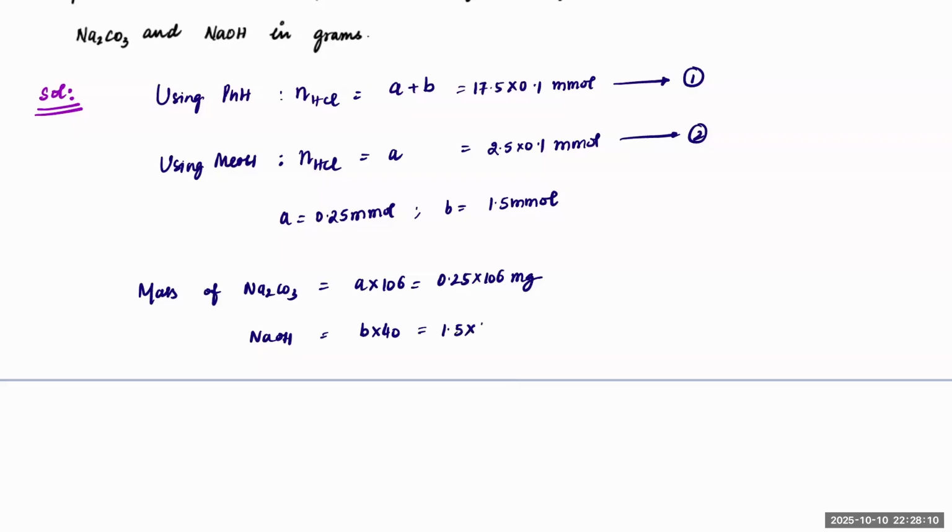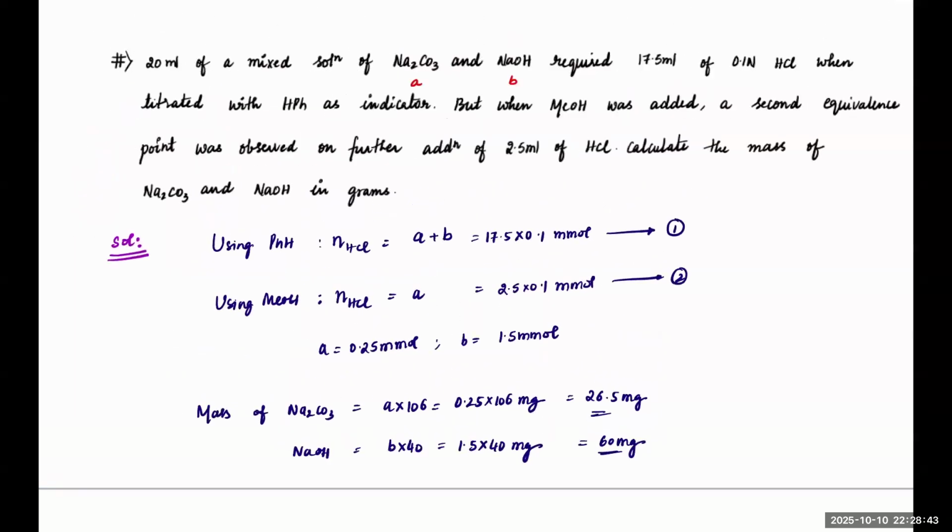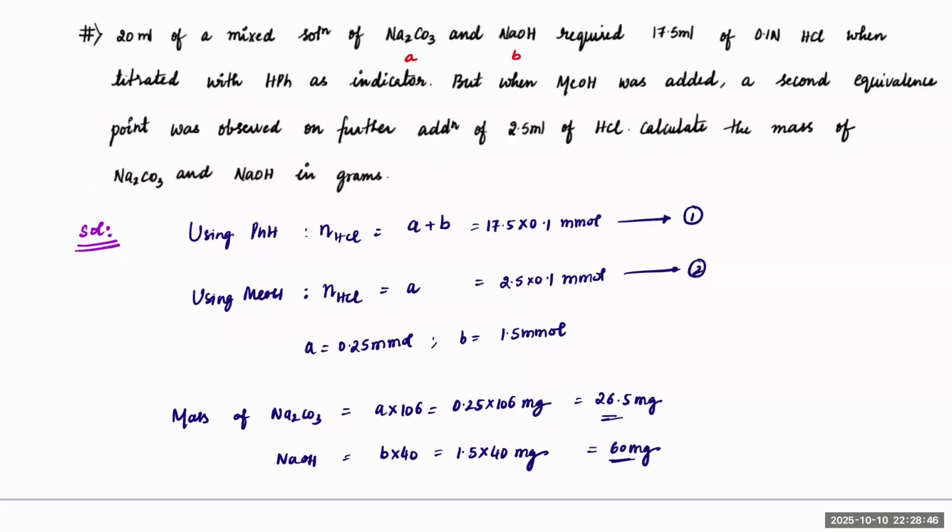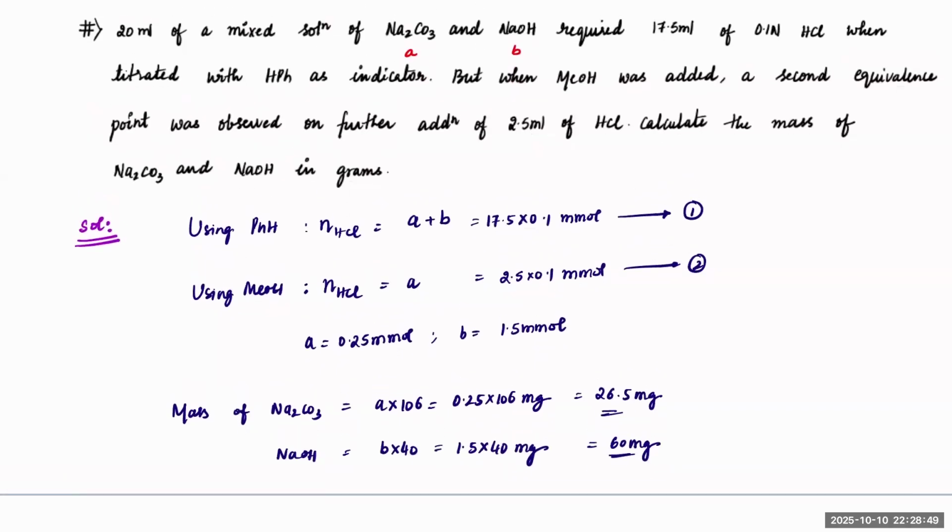So 1.5 into 40 milligrams. This is what you should get. So this is coming out as 26.5 milligrams, while this is coming as 60 milligrams. If the question is asked in grams, just multiply that with 10 raised to minus 3. Right, that's right, beta. Good. I guess all of you got this point.